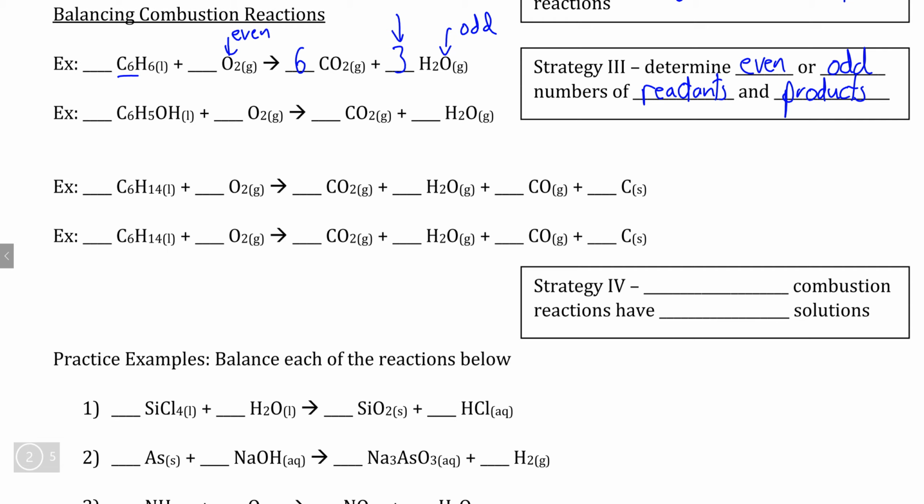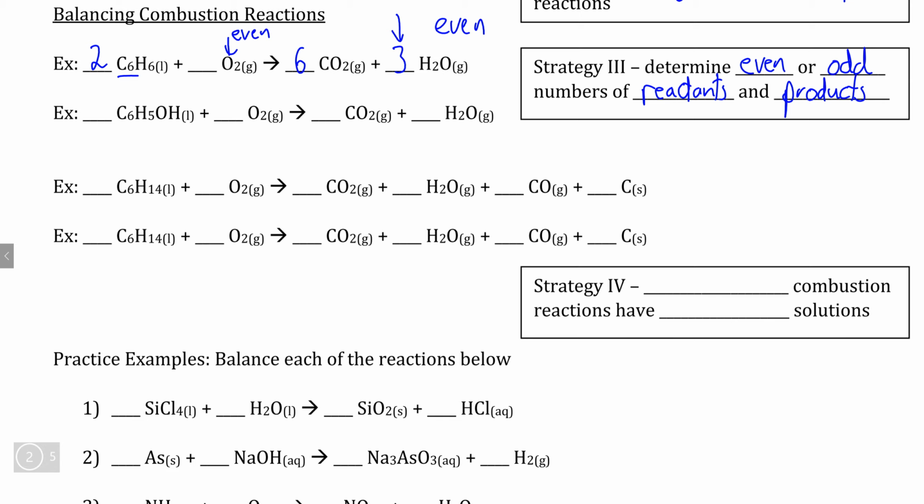Now, there is a simple way that we can modify our balancing coefficients without really changing anything in order to make sure that we have an even number of oxygens in water, and that's simply to take the whole equation and multiply everything by 2. So if we only have 1 of our organic hydrocarbon, let's put a 2 here so that we have 2 C6H6 molecules.